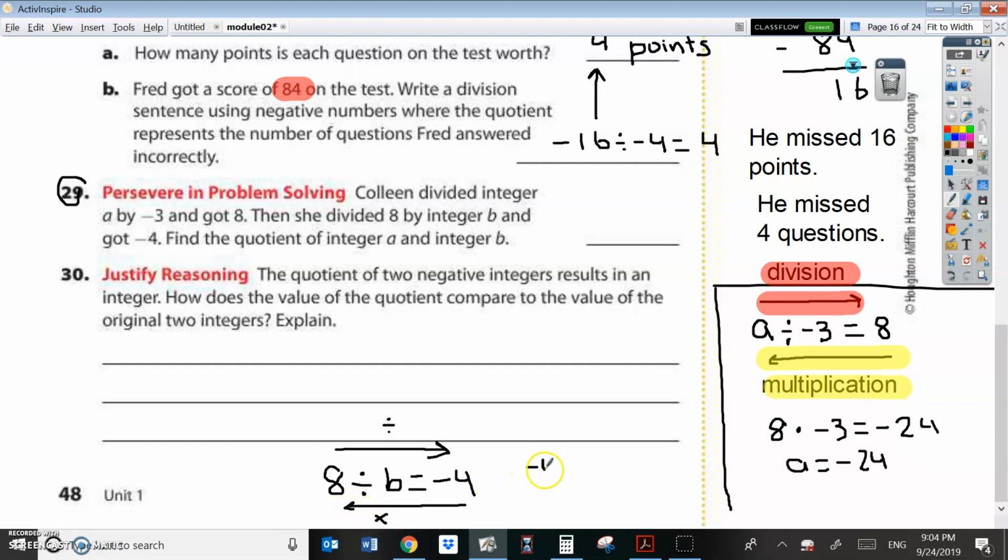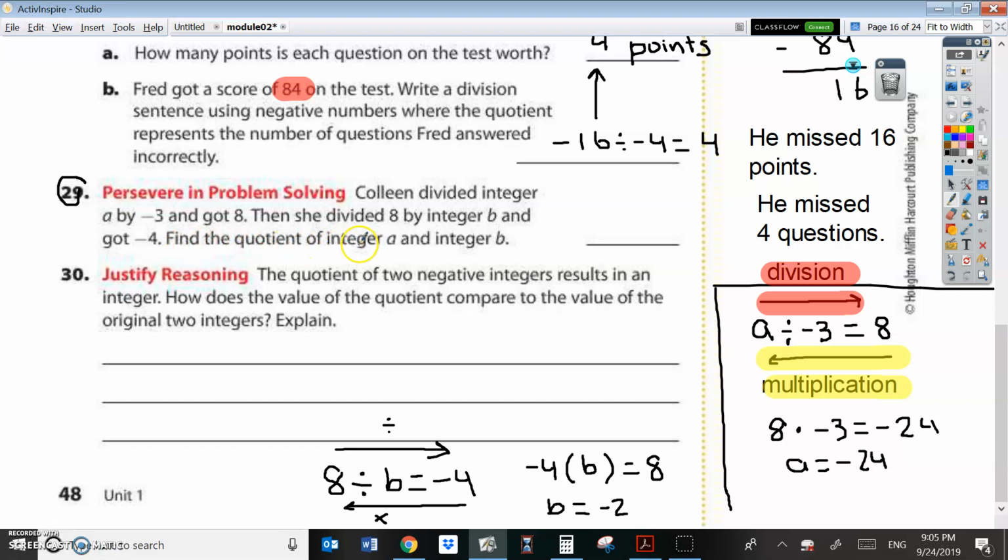So -4 times what gives you 8? So we know that it's negative, so this needs to be negative. 4 times 2 is 8, so b equals -2.